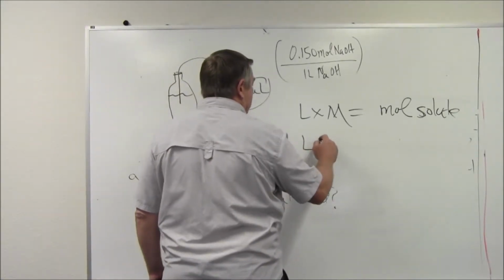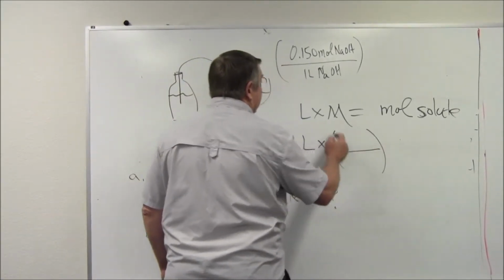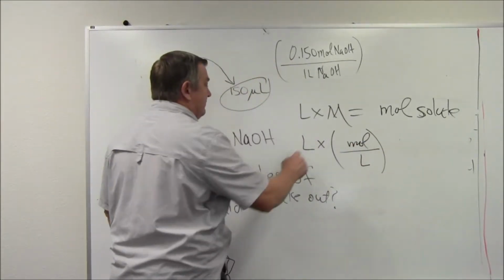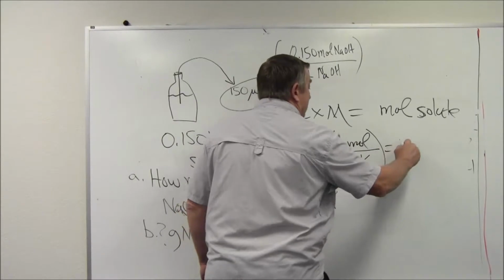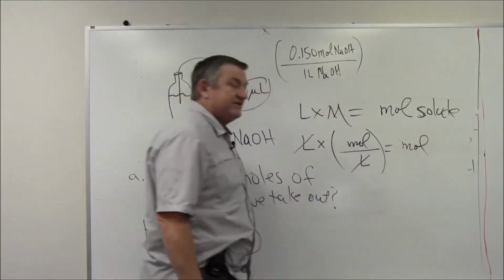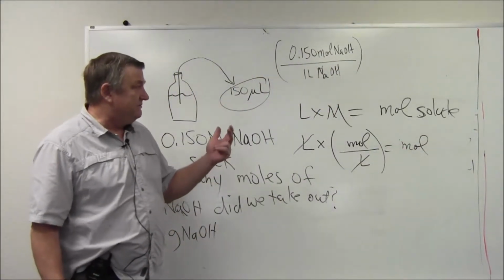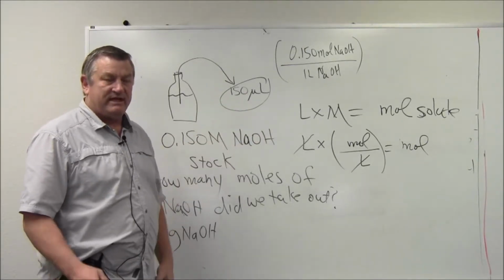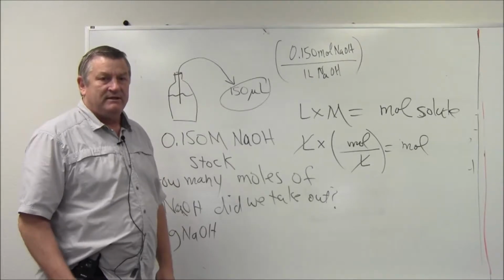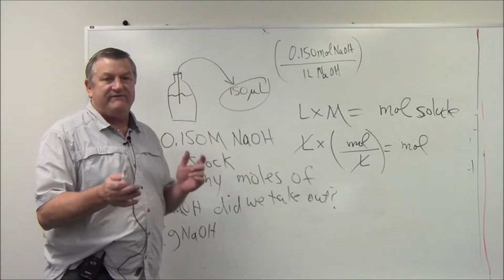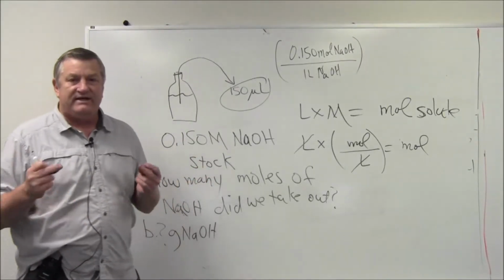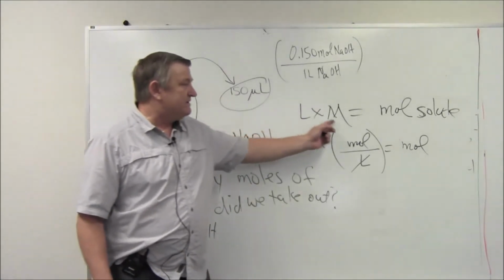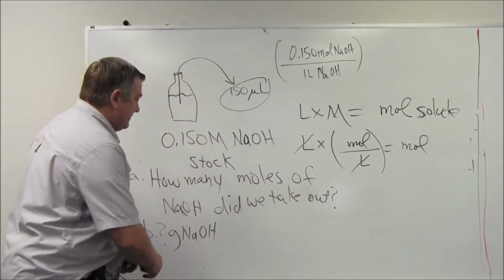Liters times moles per liter, because that's what molarity means. The liter cancels, and then we have moles of solute. This is one of the most powerful unit factors we have in dimensional analysis for solution math. If they ever give you a volume and you know the molarity, you can calculate moles in that volume really quickly: liters times molarity is moles. So that's what we're going to do here.